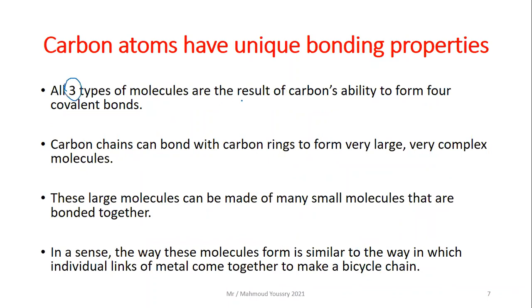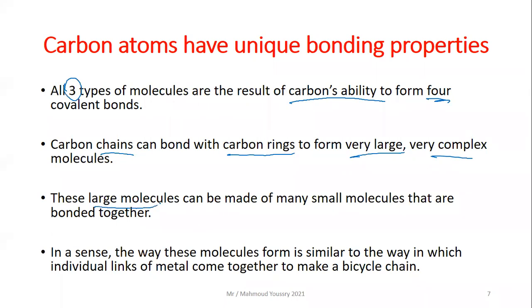All 3 types of molecules are the result of carbon's ability to form 4 covalent bonds. Carbon chains can bond with carbon rings to form very large and very complex molecules.